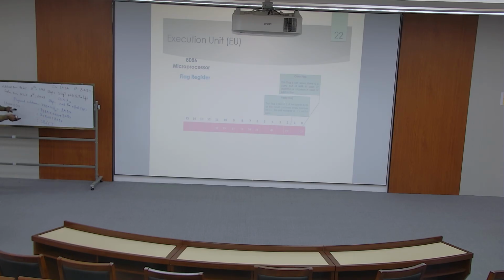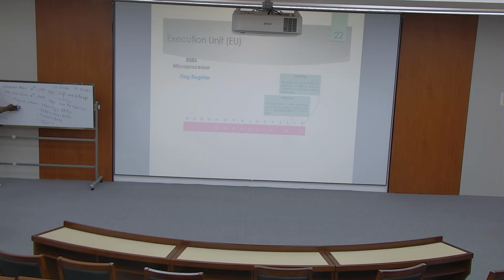Our parity flag will be set to PF will be 1 because the total number of ones is 4. This is even, right? So PF will be 1.